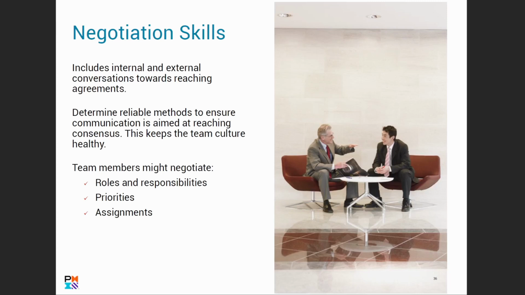In any given project, we have conflicts and misunderstandings, and these need to be clarified. And in order to bring the team members together on a consensus, they need to be able to negotiate between each other, show what their expectations are, and reach a middle ground to avoid any endless conflicts and so on.